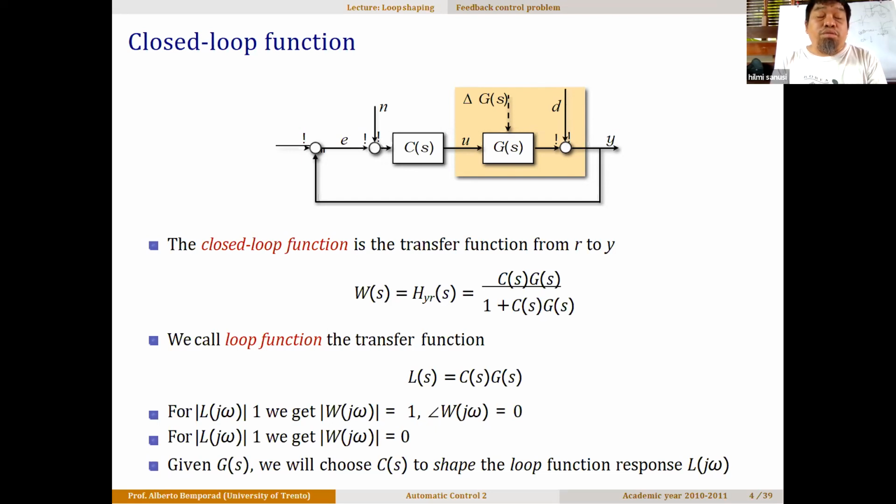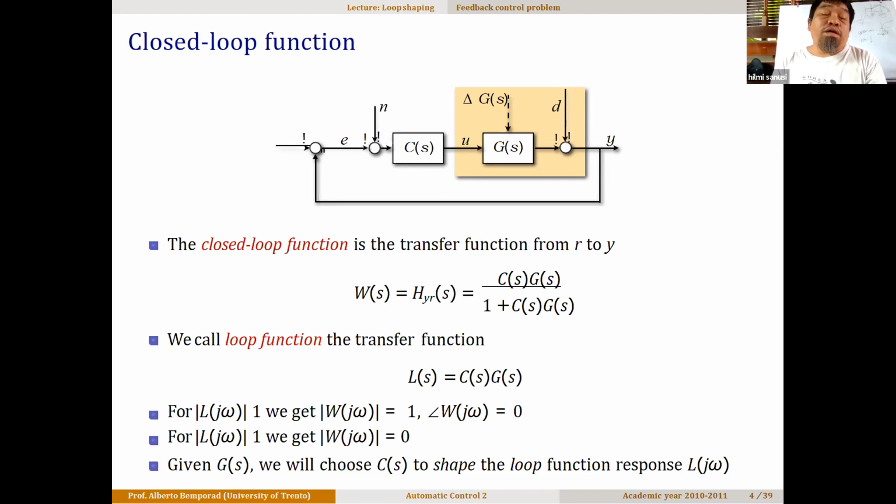So kalau magnitude of this loop function is 1, then we will get the closed loop function to be 1, and the phase of the closed loop to be 0.